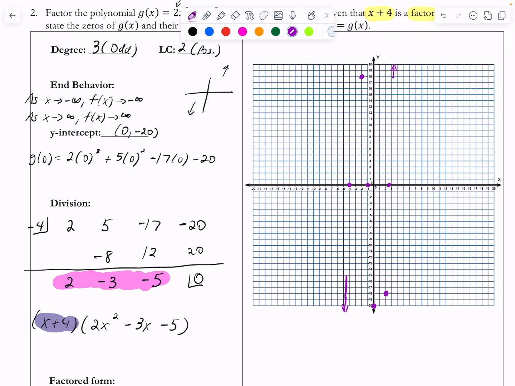All right, and I'll go ahead and make my sketch. Again, if you have the y-intercept and the x-intercepts, then you are good to make the sketch. You don't need any other points.